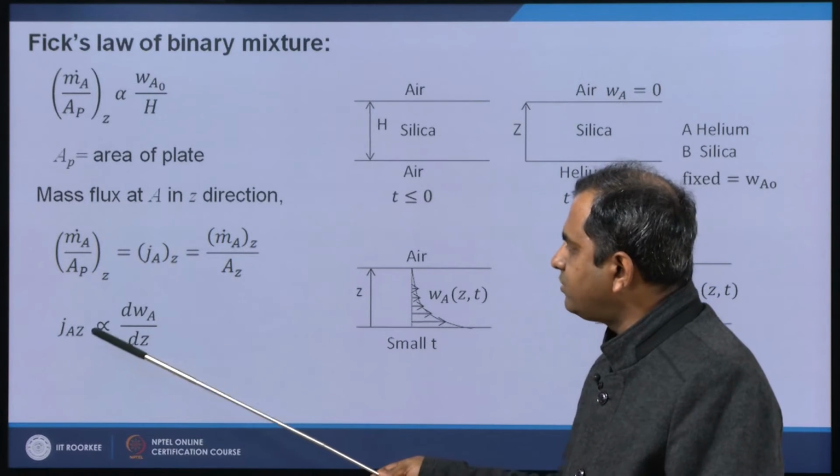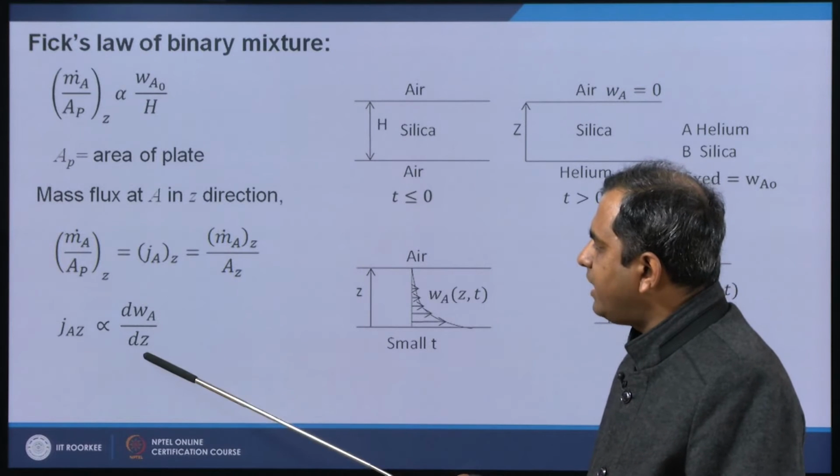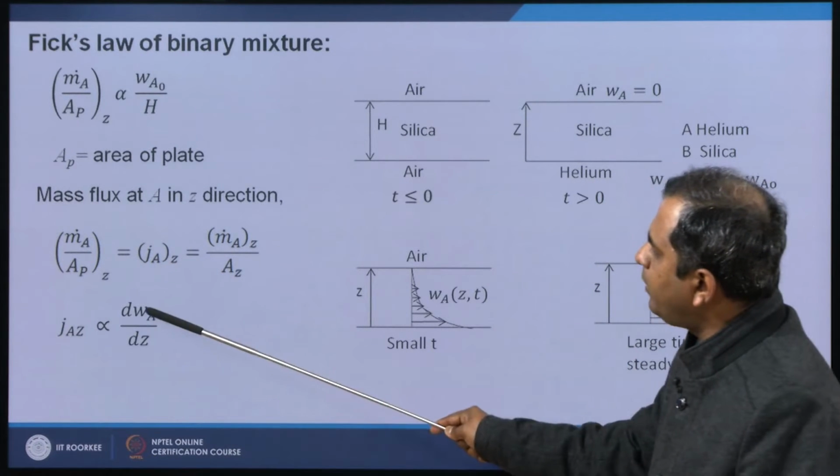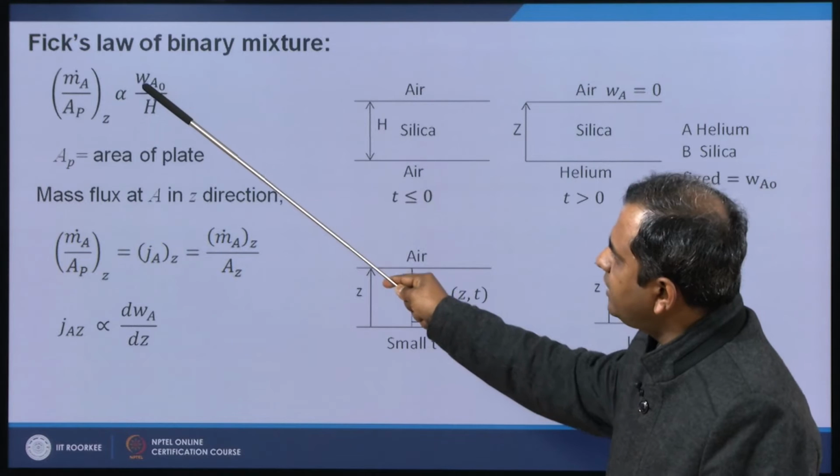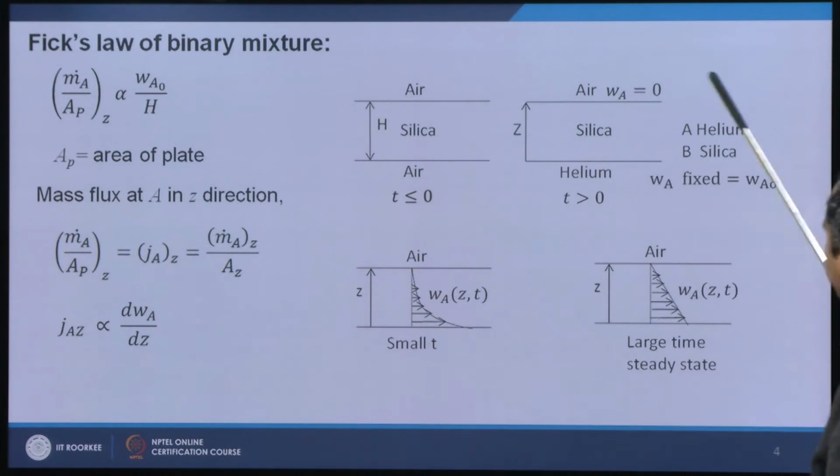Now, as we have found out, this mass flux can also be written in terms of the concentration. So, we can write this mass flux as dWA by dZ. Okay, dW by dZ is coming from here. You see, W A naught is actually the subtraction W A naught minus 0. So, that is the gradient of the concentration which has caused this mass transfer.